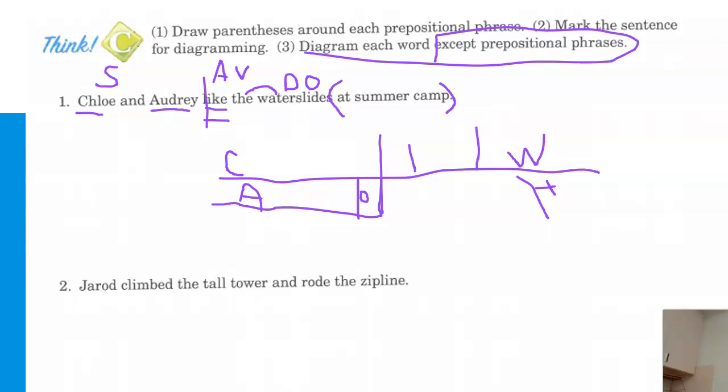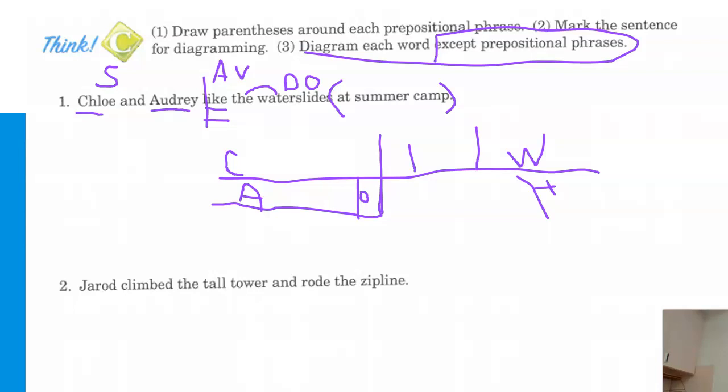So now let's look at Jared climbed the tall tower and rode the zip line. So now I want you to diagram that sentence after you've done all of the marking. We'll do that together first. Now, is there a prepositional phrase? Nope, no prepositional phrase.